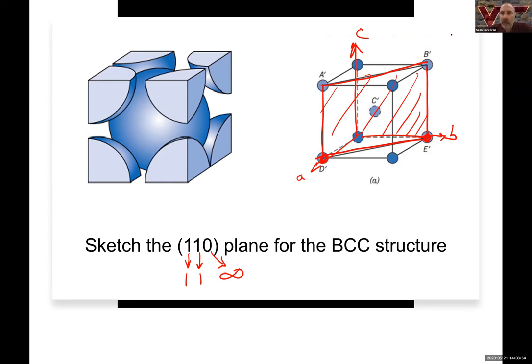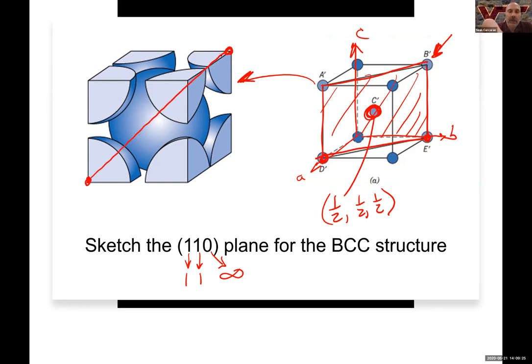What do I see? I've got atoms at the corners, and I've got an atom right here in the middle, located at the 1/2, 1/2, 1/2 coordinate. And that one's also on this plane. Now to sketch this, I have to think again about my space filling model and realize that my atoms touch along the body diagonal.